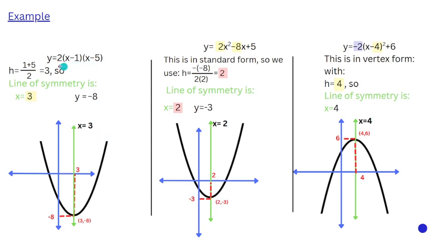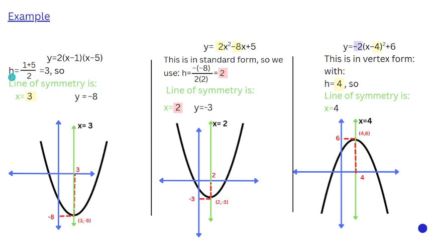Here is the factor form, so 1 and 5 are the solutions, but here he didn't ask about the solutions, he asked about the line of symmetry. If he asked for solutions, x equals 1 and x equals 5 are the solutions. Now he asked for the line of symmetry.